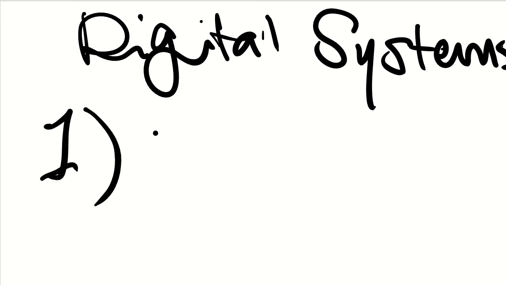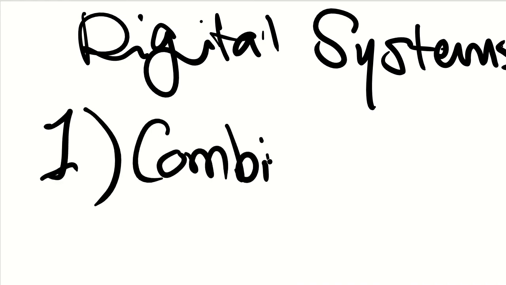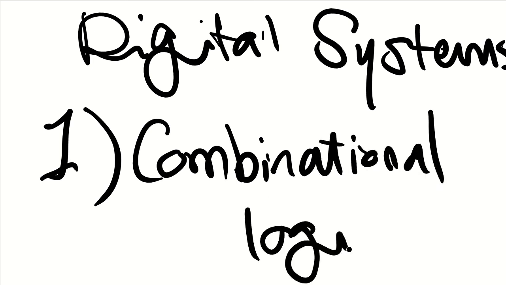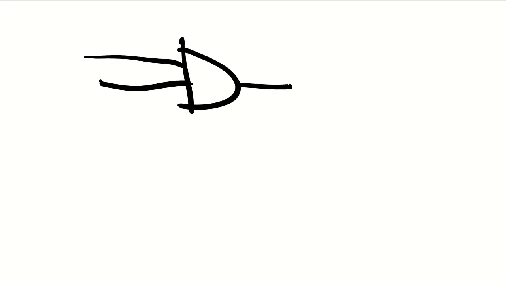One of them is combinational logic, when you have a bunch of gates, inputs and outputs, and you don't have any notion of time, meaning there is no clock controlling this. You have input to output, no feedback loop. That's a combinational circuit that you learn first thing in digital.